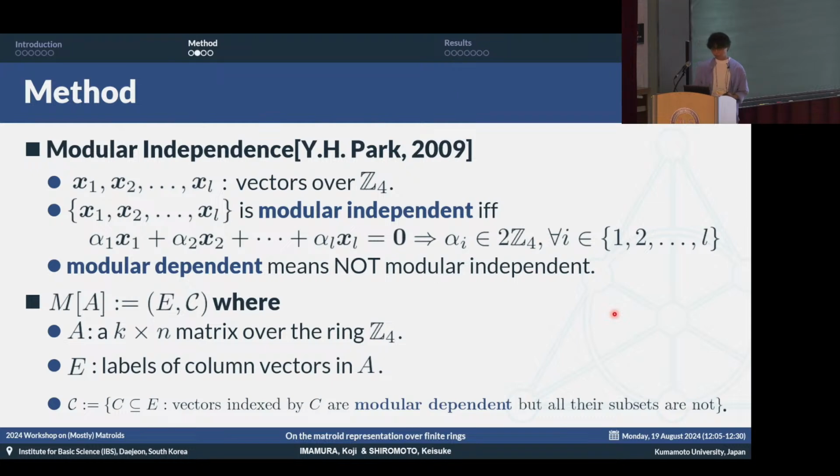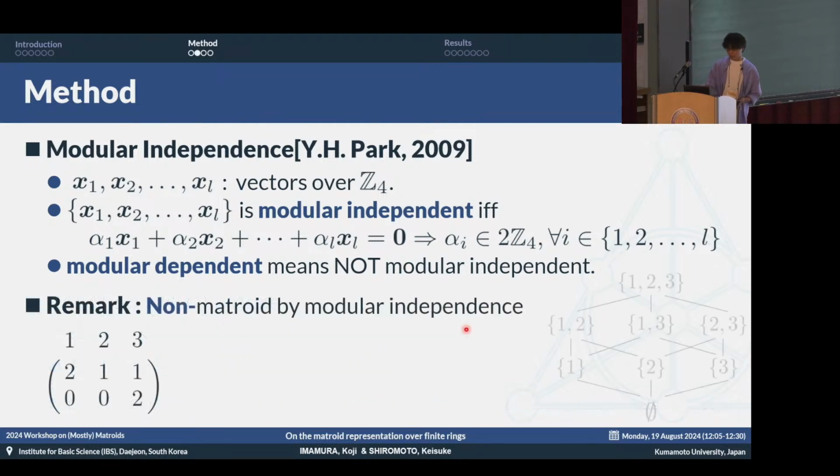To define the family C, we replace the condition of linear independence by modular independence. So M(A) is a pair of the column vectors in a k by n matrix A over the ring Z4 and the family C. But unfortunately, as we anticipated, modular independence does not necessarily guarantee that all matrices derive matroids.